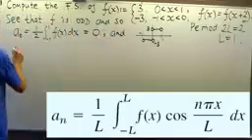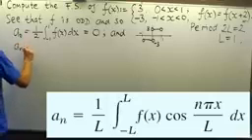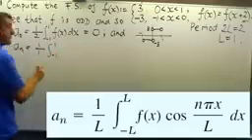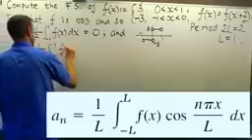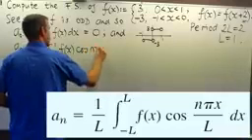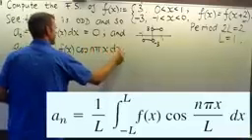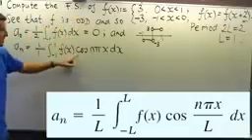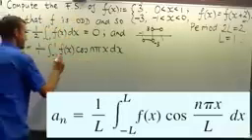What about A sub n for n greater than or equal to 1? Well, applying the formula with big L equals 1, we want to integrate this. But look closely, f is an odd function. Cos is an even function.